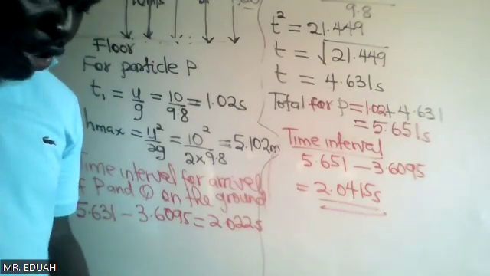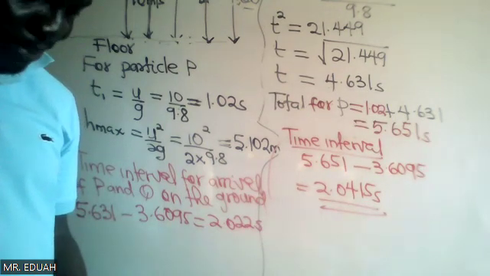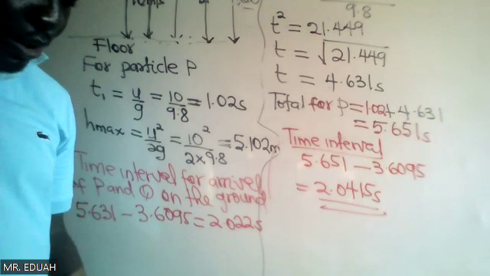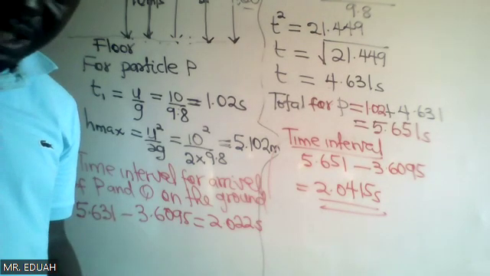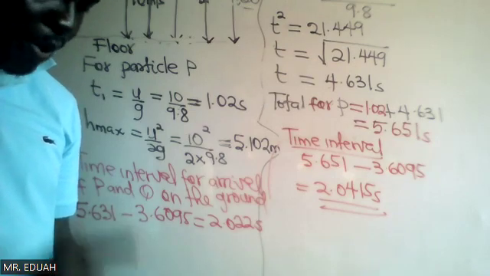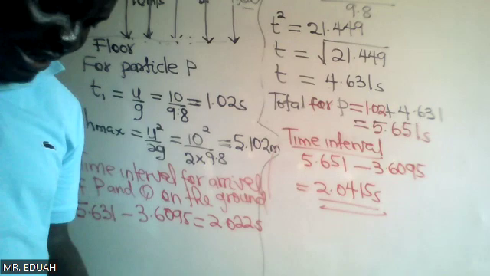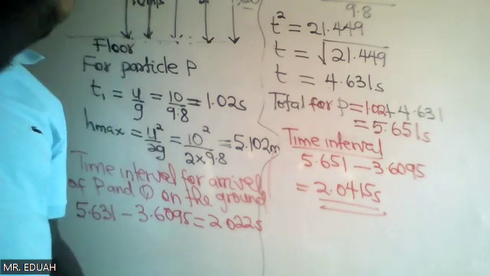I am starting. Two particles P and Q are shot vertically up. Particle P is first up with a velocity of 40 meters per second. After 4 seconds, particle Q is also shot up.